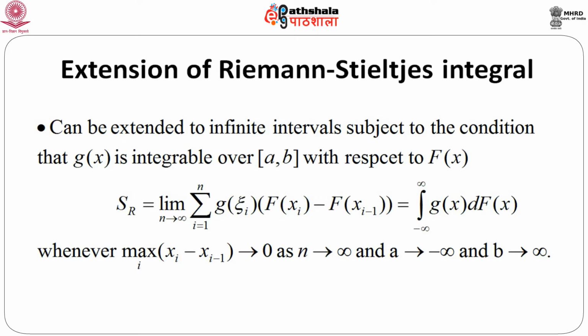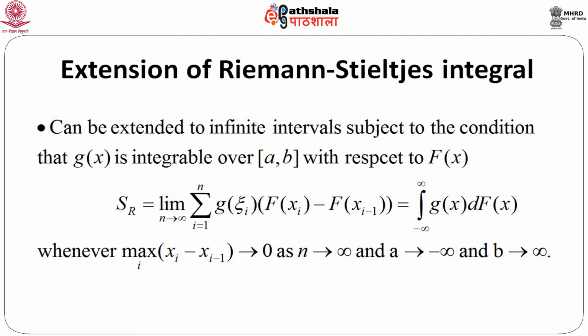We assume that the limit exists, then we can say that this limit equals the integration from minus infinity to infinity of gx into dfx, whenever the maximum of the subintervals goes to 0, n goes to infinity, a goes to minus infinity and b goes to infinity.